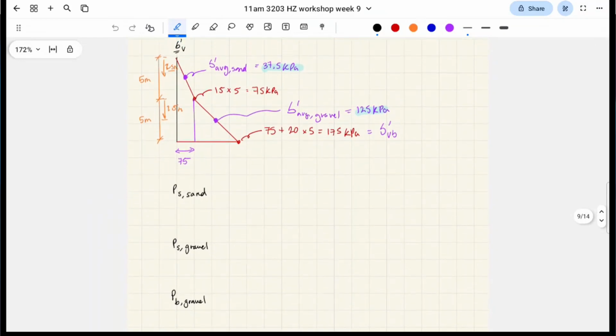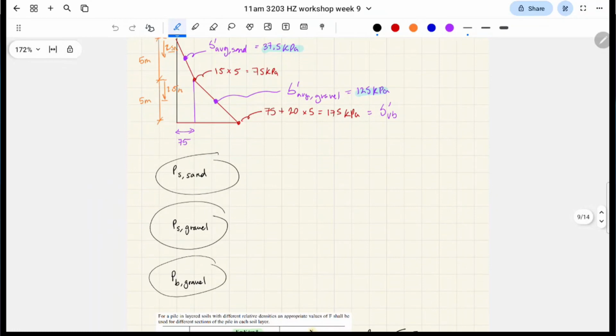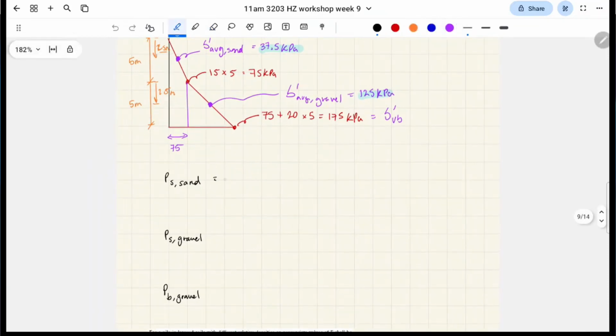Like what was in the quiz, we have to find the shaft capacity of the sand, the shaft capacity of the gravel layer, and then just the base capacity of the gravel, because we only care about that very bottom part of the pile. So this will look like this, right?